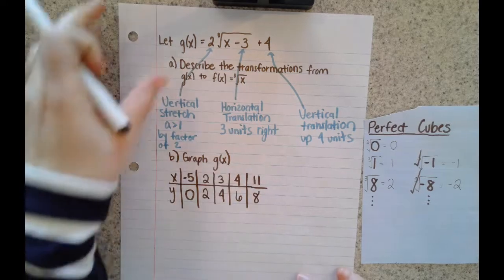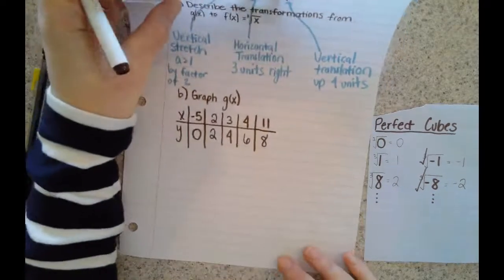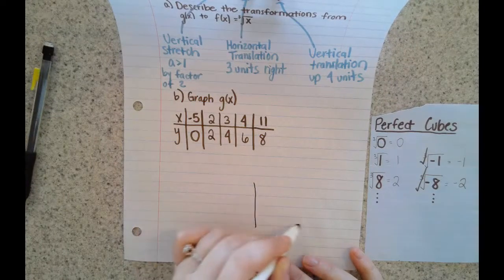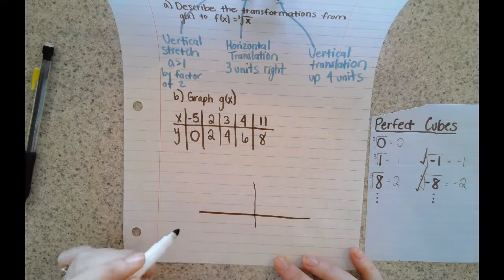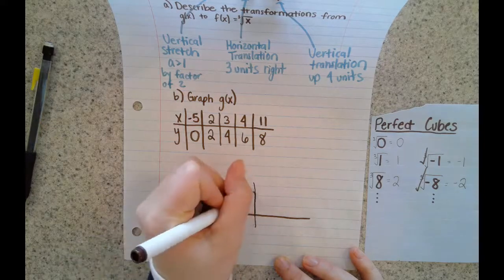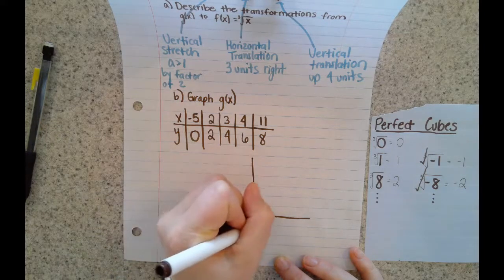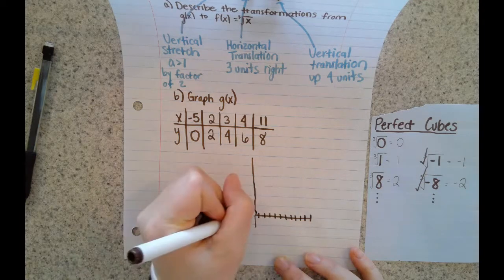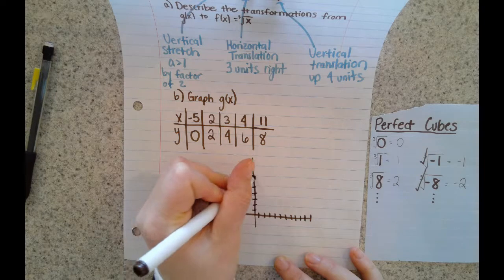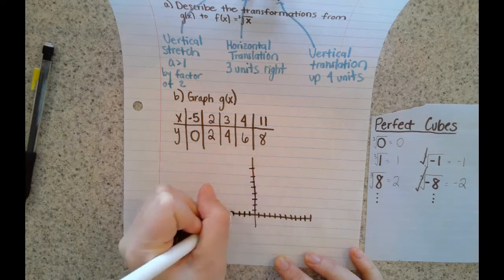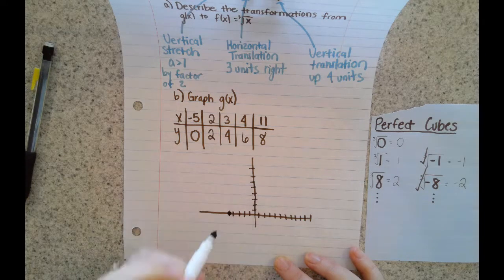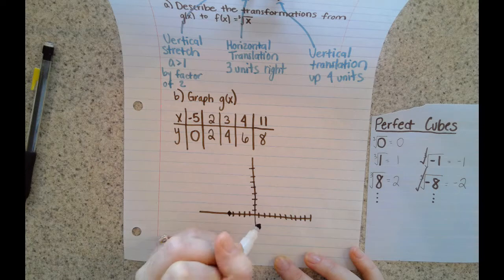Okay, so now going to graph. My first point is -5, 0, which is right here. My next point is +2, +2.